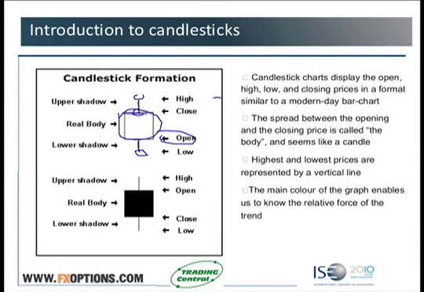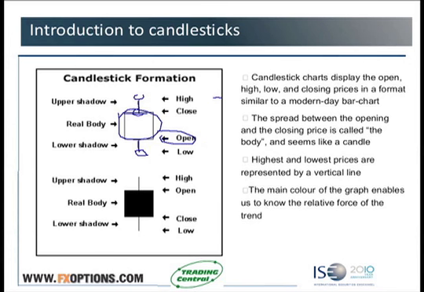And the interest of Japanese candlesticks is the different color. When the Japanese candlestick is white, in this example, it means that the close is higher than the open. When the candlestick is black or red, it depends on your trading platform, your technical analysis platform. You can see black and white candlesticks, or green and red candlesticks, but in this example it will be black and white.